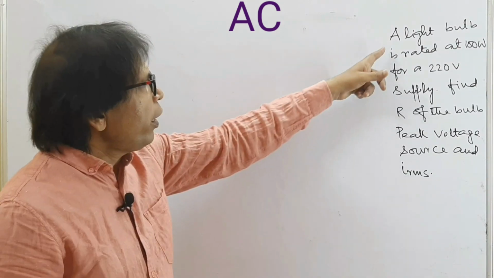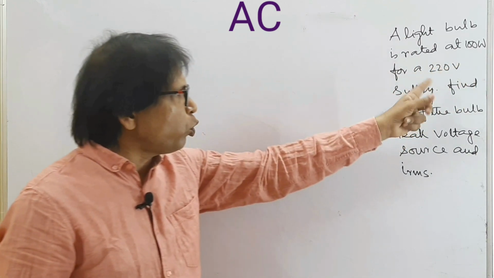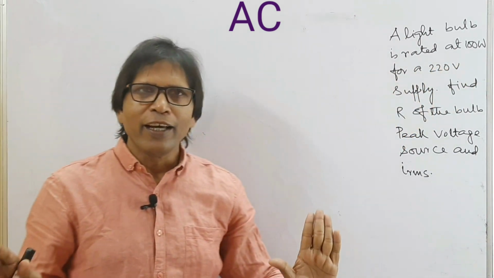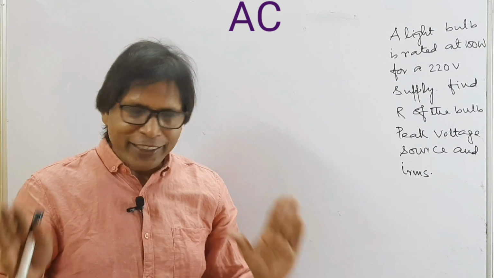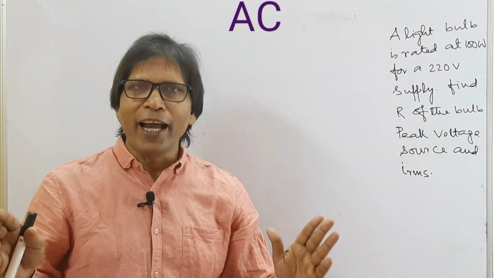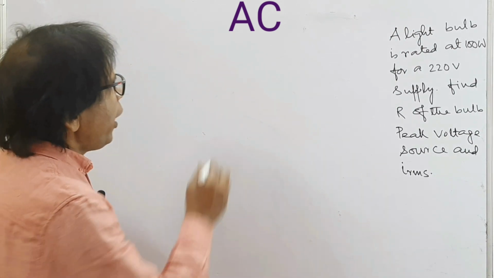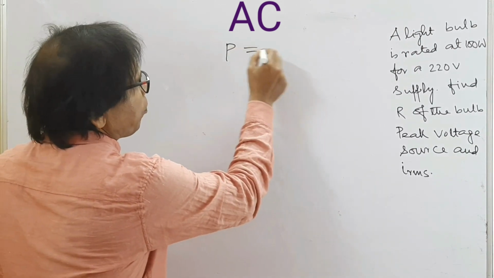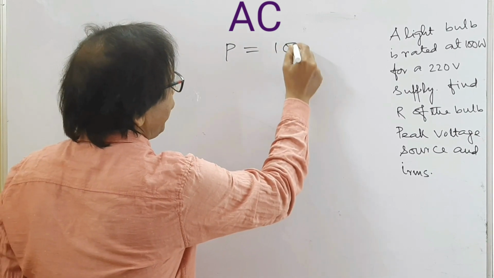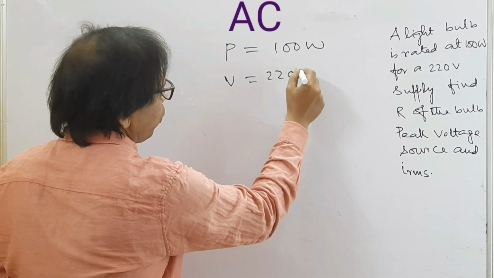Now look at this, a light bulb is rated at 100 watt for a 220 volt supply. Find the resistance of the bulb, the peak voltage of the source and the RMS current. Now look at this. Here power P is given, power equals 100 watt, V equals 220 volt.